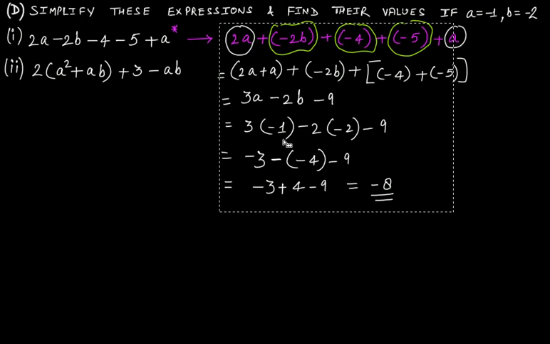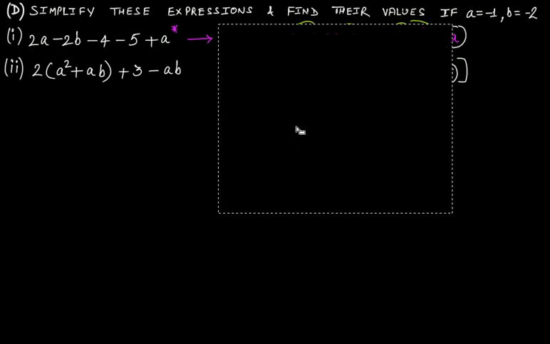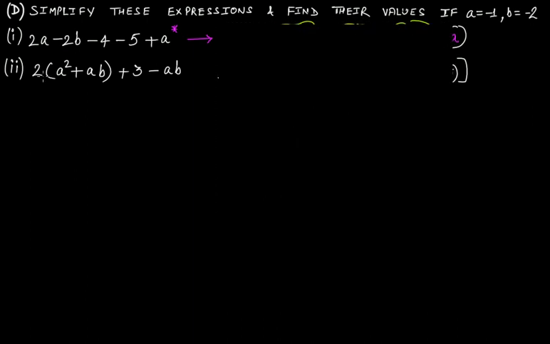Similarly, we will do here. In this expression, let's simplify this. So this is 2a squared plus ab plus 3 minus ab. So this becomes 2a squared plus 2ab plus 3.